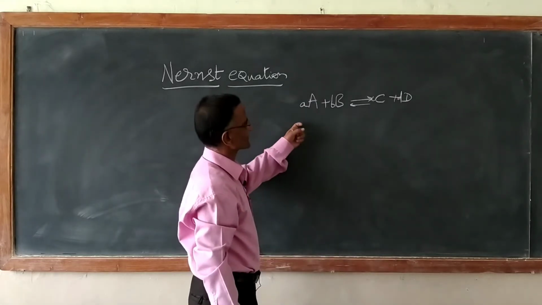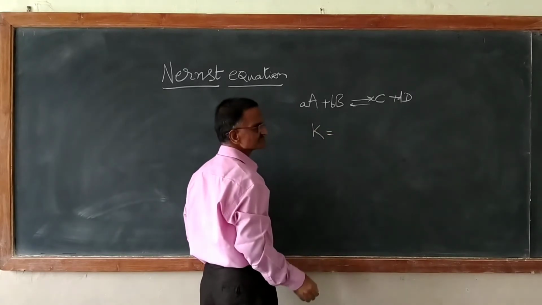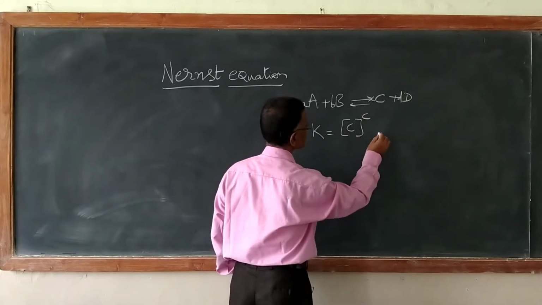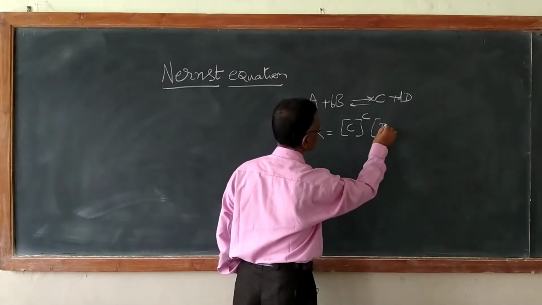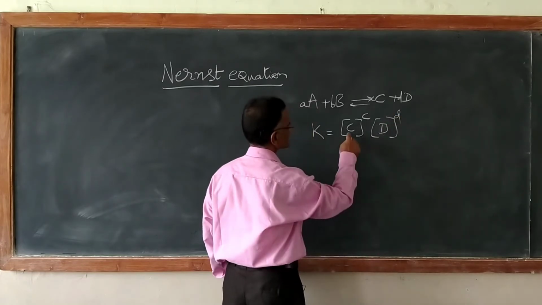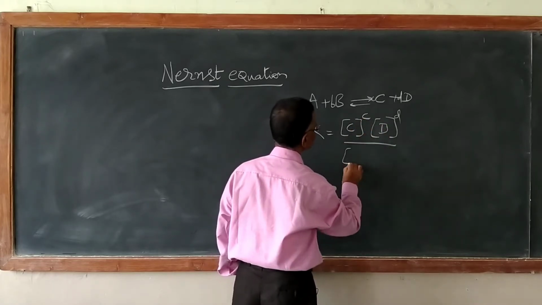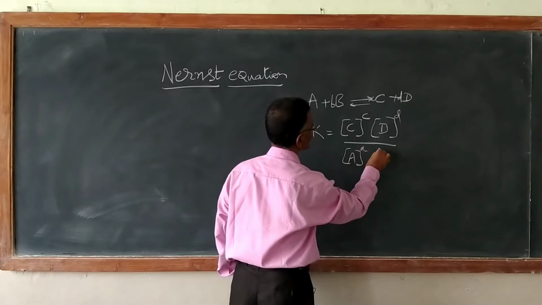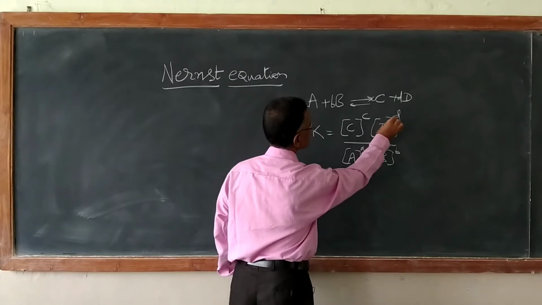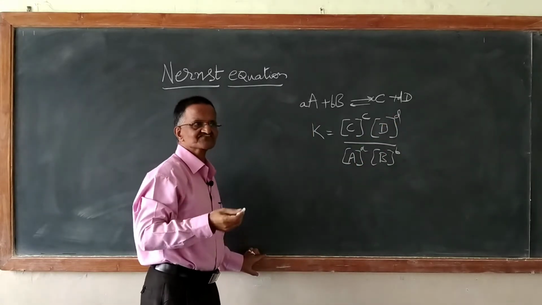And when we represented the equilibrium constant, K equals what had you done? The product of concentrations of C and D, and in that expression we wrote concentration of C to the power c, D to the power d, A to the power a, B to the power b. Don't forget those power terms. The same thing we have to make use of.